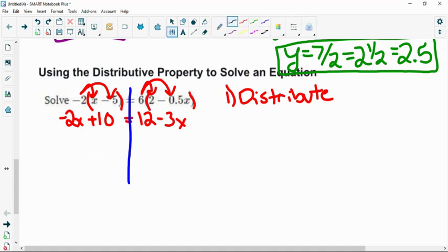I'm just going to pick one of them. I'm going to take the minus 3x and move it to the opposite side, so the third step is going to be to add 3x to both sides.